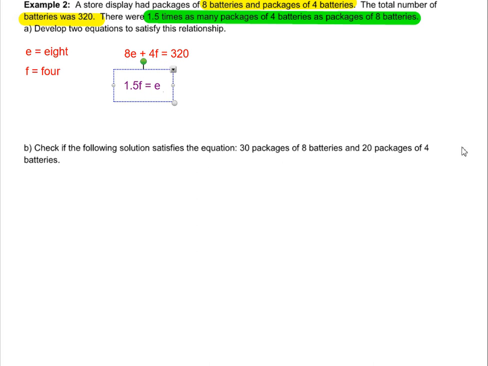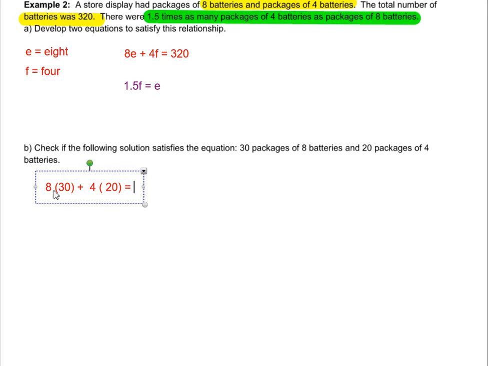So 30 packages of 8 and 20 packages of 4. So I'm now going to go with 8 times 30 plus 4 times 20, sorry. And this should equal 320 because that's what it's telling me.